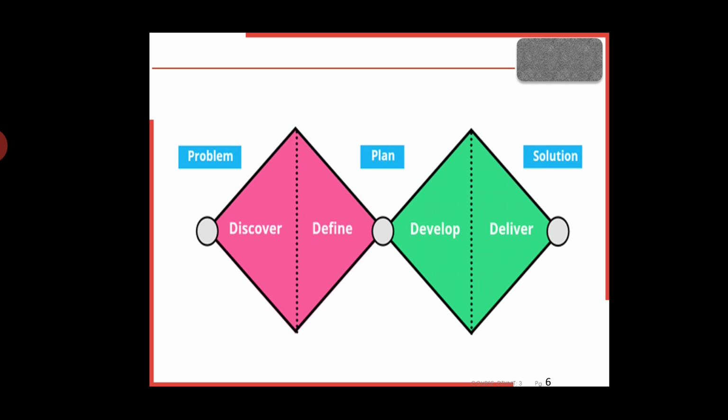First of all, we listen to the consumer's problem, discover and define what exactly the problem means, plan for the problem, validate and evaluate it, and finally develop it, with implementation to do the task, and deliver the product to the customer. This is the final solution we have to reach.